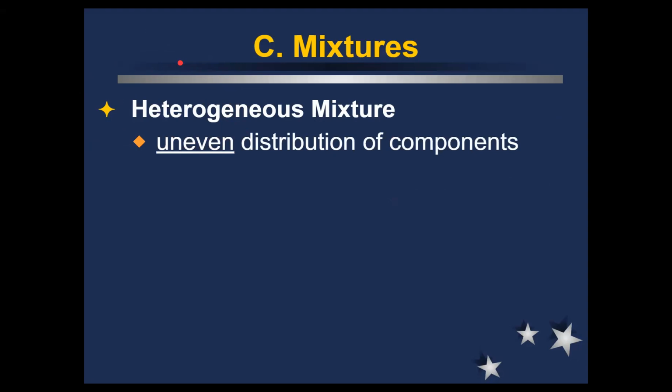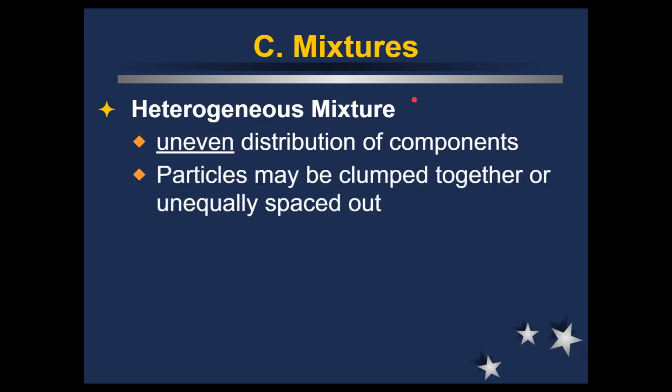So heterosexual couples means that they are different sexes. Heterozygote genes means that you have different copies of the gene. And heterogeneous mixtures means that it is not the same. There is uneven or unequal distribution of all of the different particles and components.